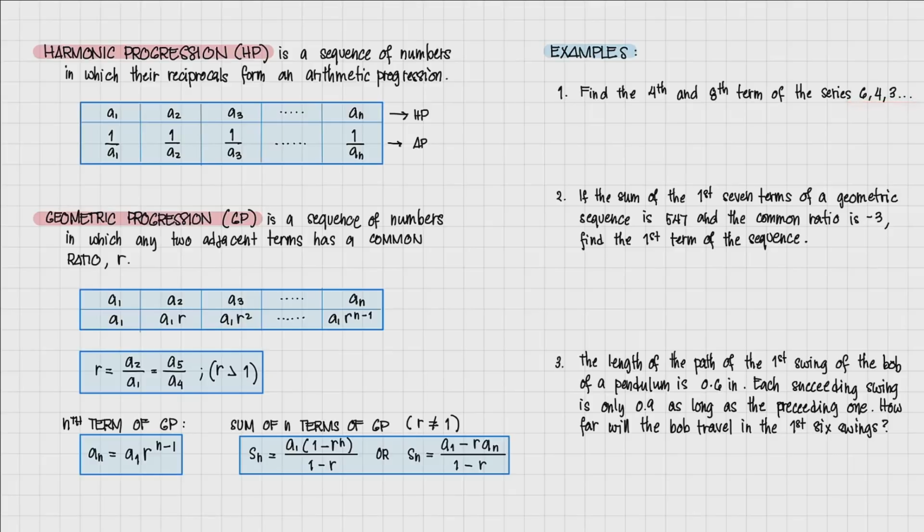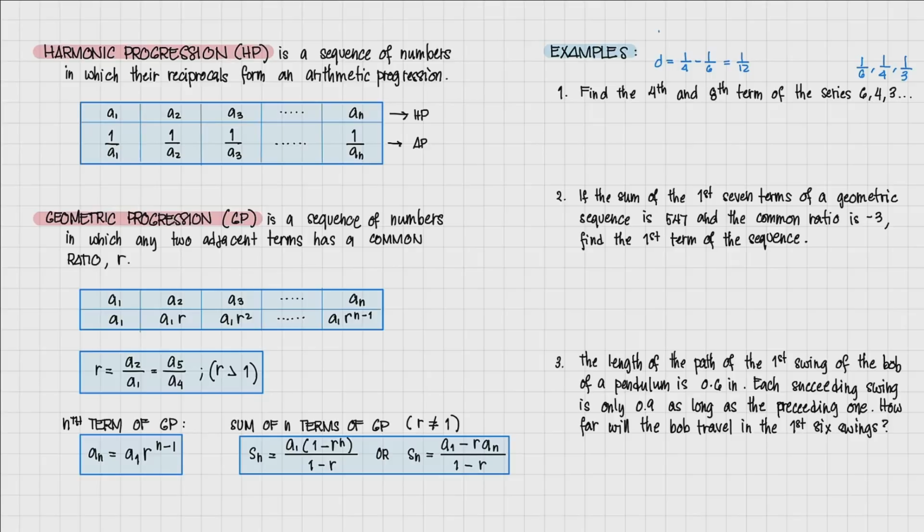Now to check if this is an arithmetic progression, you're just going to compute for the common difference. So you have 4 minus 6, which is negative 2, and then you have 3 minus 4, which is negative 1. So they don't have a common difference. But if you use the reciprocal of these terms, which is 1 over 6, 1 over 4, and 1 over 3, and solve for the common difference, that's 1 over 4 minus 1 over 6, which is equal to 1 over 12.